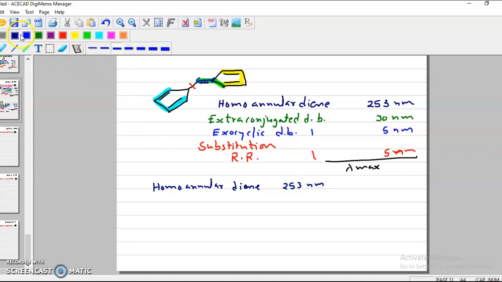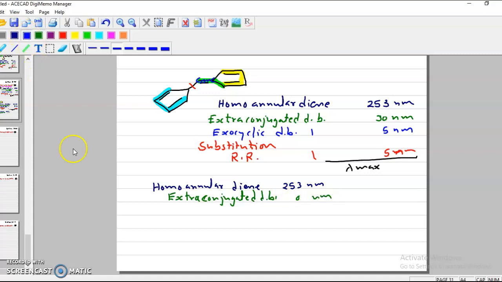Then whether extra conjugated double bonds are present or not, that we'll see. Extension is not possible over here, so there will be no extra conjugated double bond. Zero.